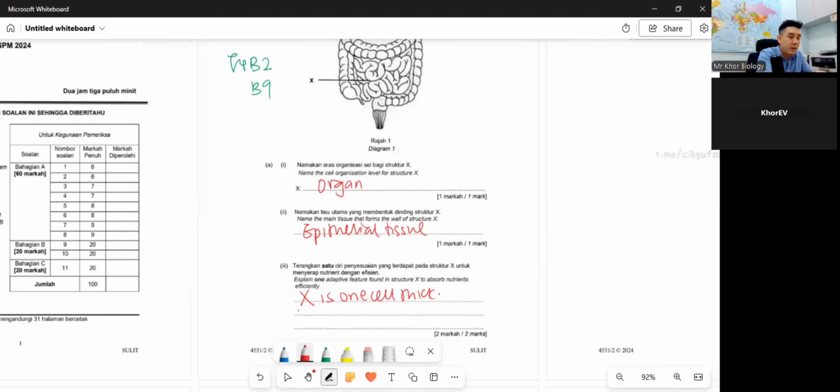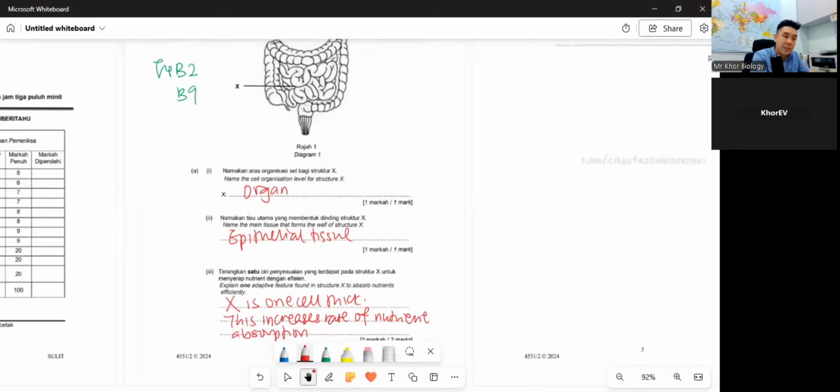So this increases the rate of nutrient absorption. If you answered anything along the line of increasing the nutrient intake, you will definitely get marks.